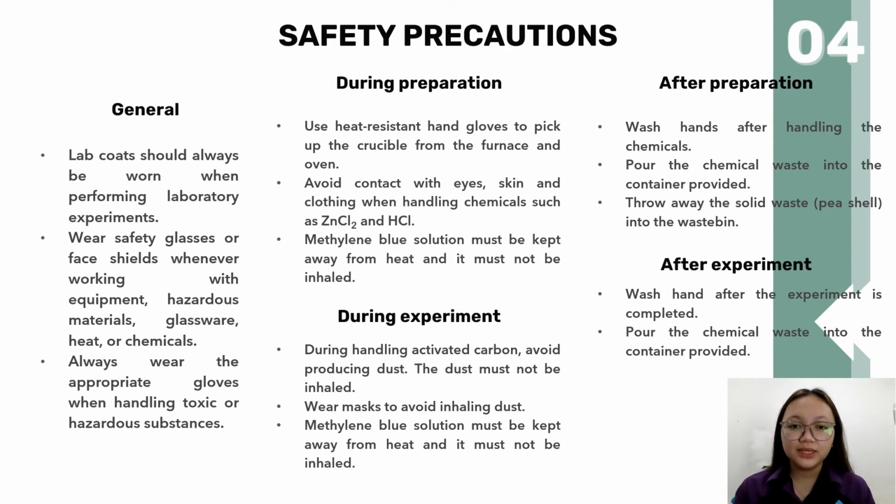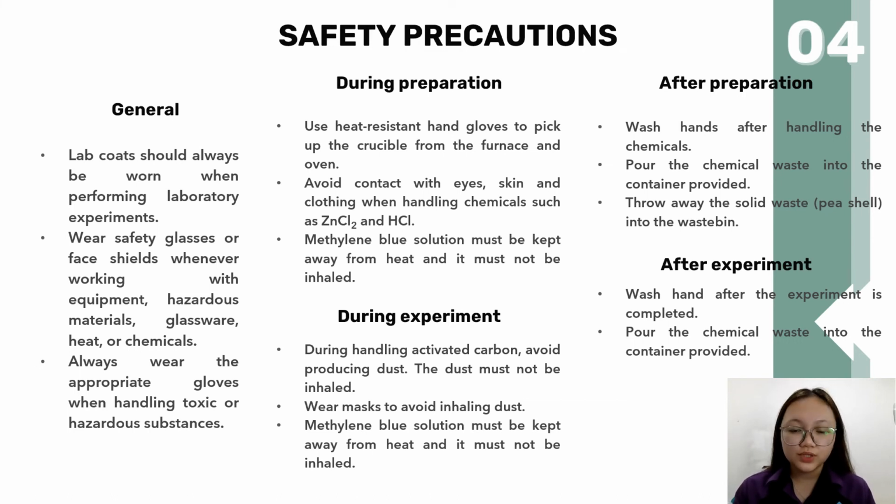During the preparation of methylene blue solution and activated carbon, we must use heat-resistant gloves to pick up the crucible from the furnace and oven. We also need to avoid contact with eyes, skin, and clothing when handling chemicals such as zinc chloride and hydrochloric acid.